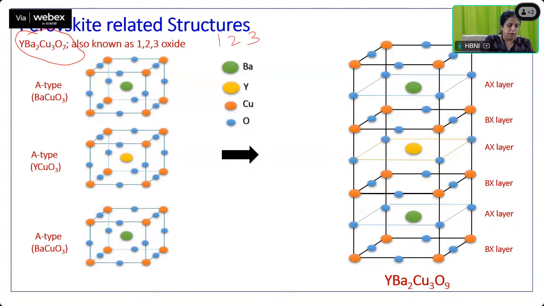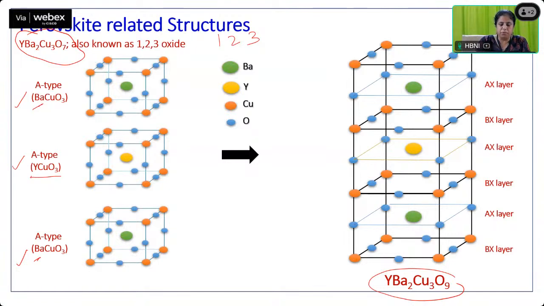The bottom A type and the top A type are BaCuO3, where your A cation is Ba, B is of course Cu, and the middle one is YCuO3, where your A cation is Y and B of course again copper.